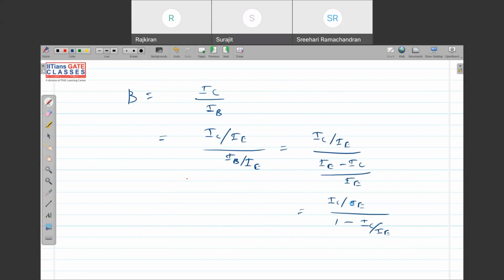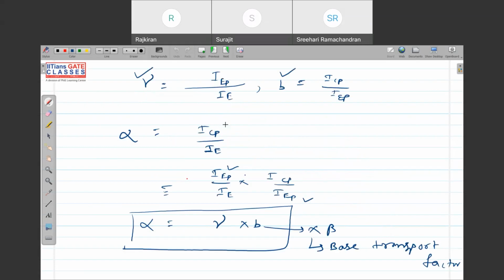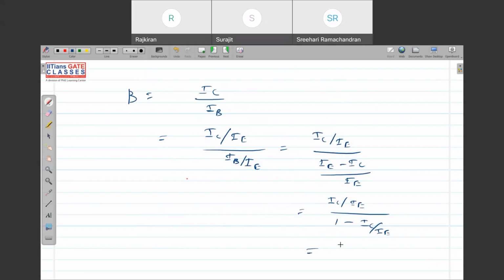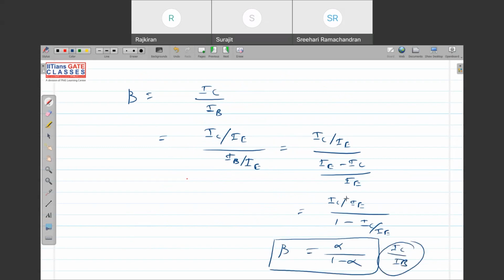Clear? What is IC by IE? I showed you, it is alpha. So it is equal to alpha by 1 minus alpha. This is your current gain, beta, which is nothing but IC by IB. Fine, theory clear?